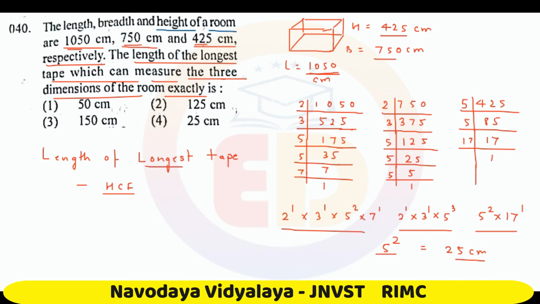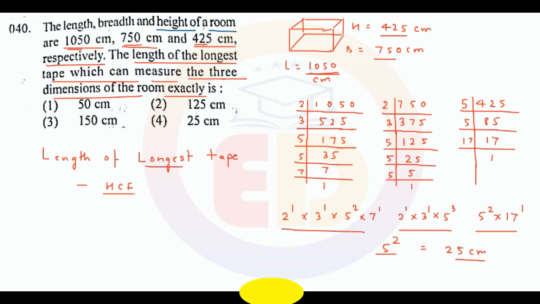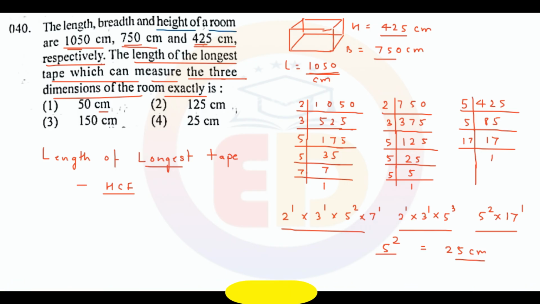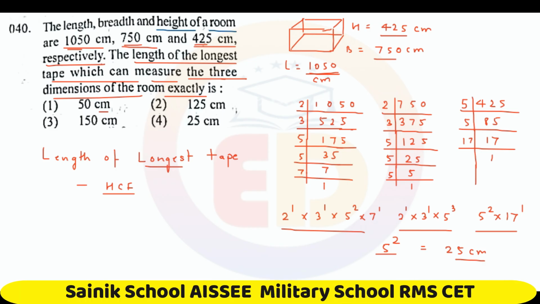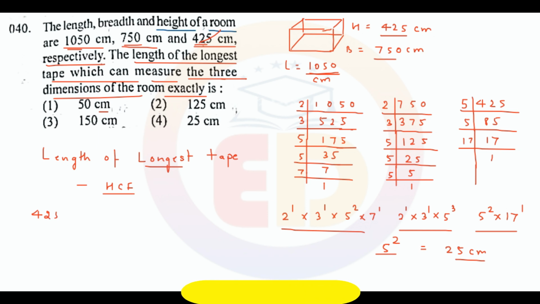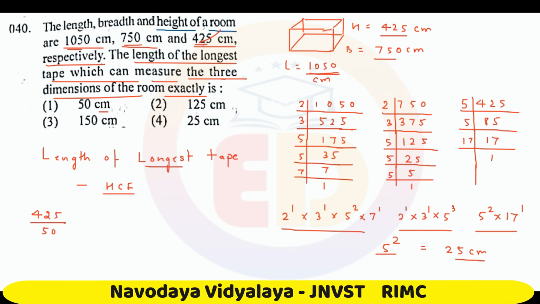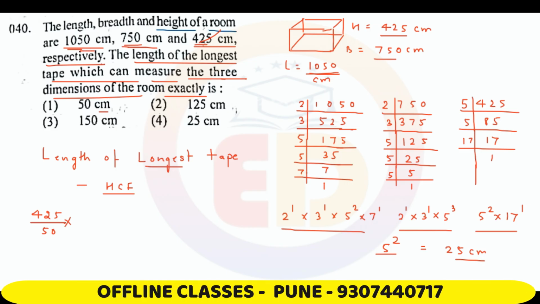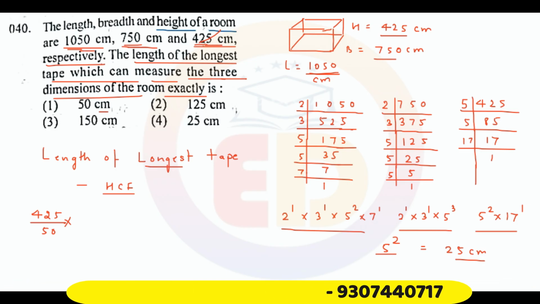Now let's go by the options. Option 1, 50 centimeter. If you look at the third value, 425, 425 is not divisible by 50. So 50 cannot be our answer, even though it will divide 1050 and 750, but it will not divide 425.